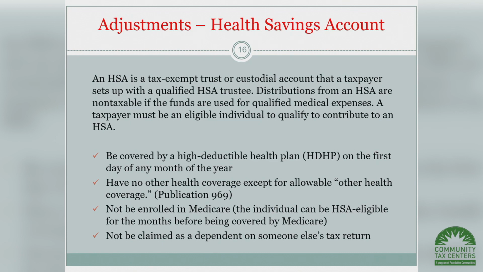And going back to the IRA, there is a 20% penalty if you withdraw it before you're 59 and a half. There are some exceptions to that, and we'll talk about those a little later. If you use it for educational expenses or to first time buy a house or medical expenses, then that can be waived.